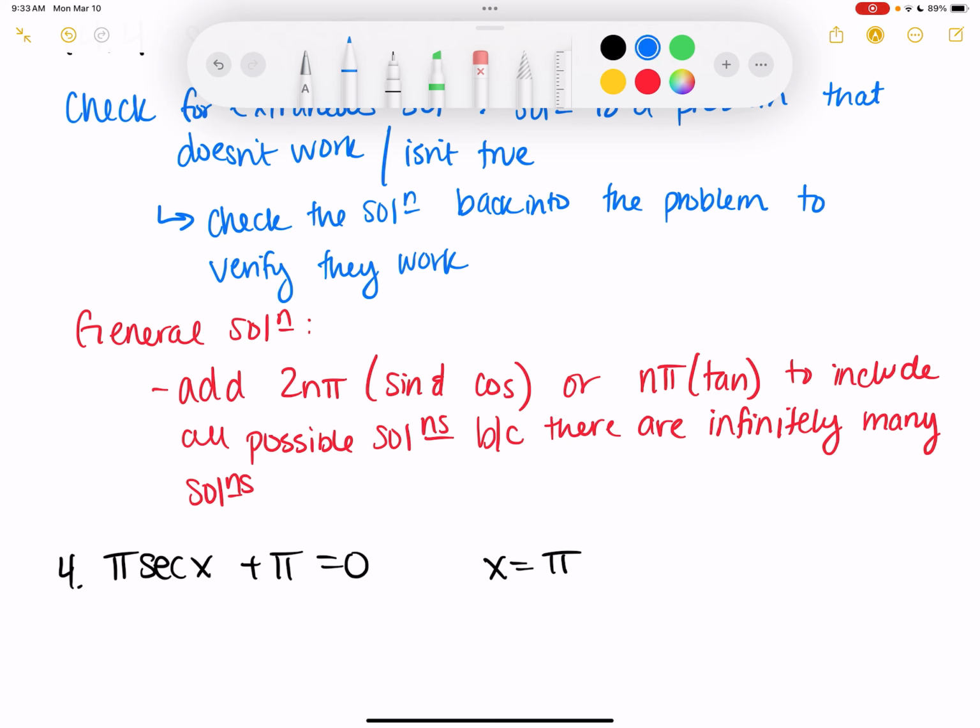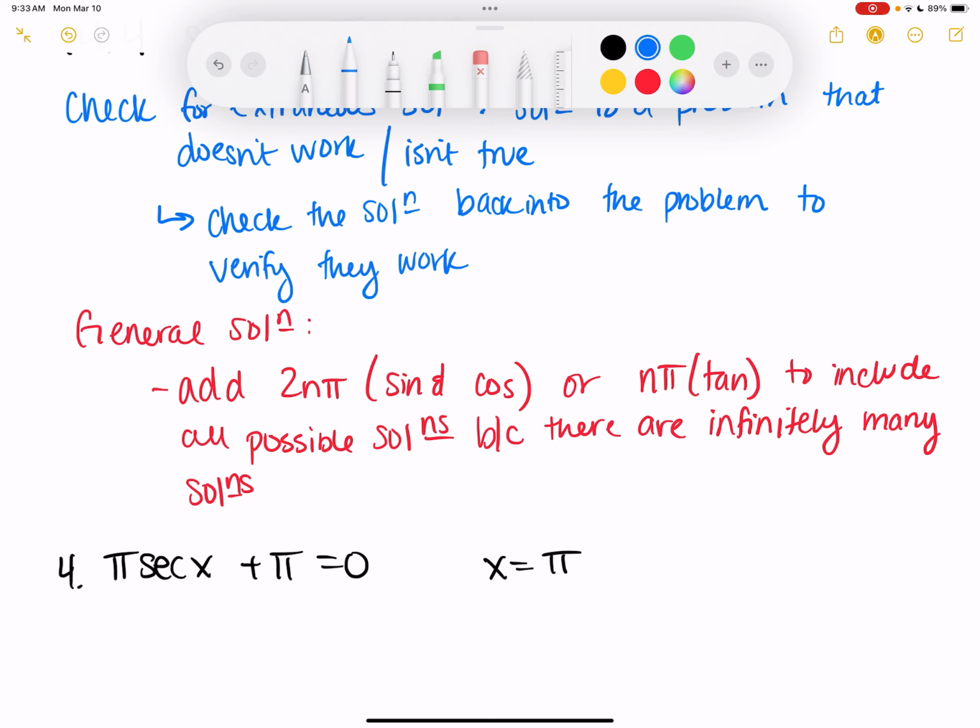So if I plug in pi times the secant of pi plus pi, what is the secant of pi? Is this one of our identities? No, this is just from the unit circle.